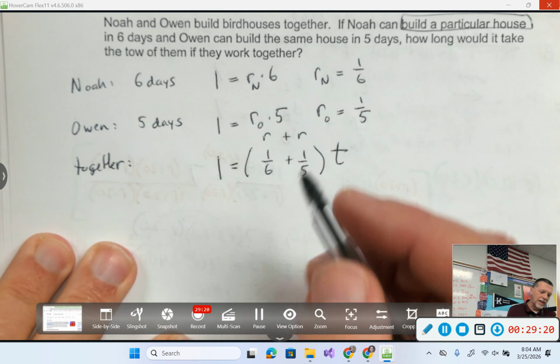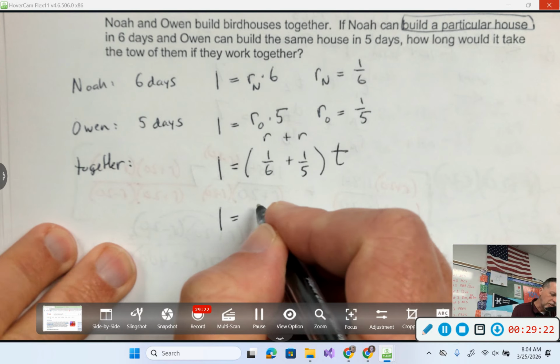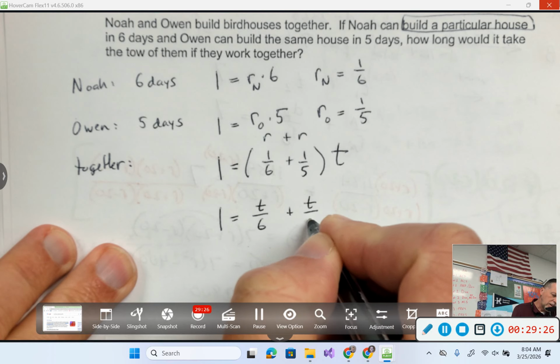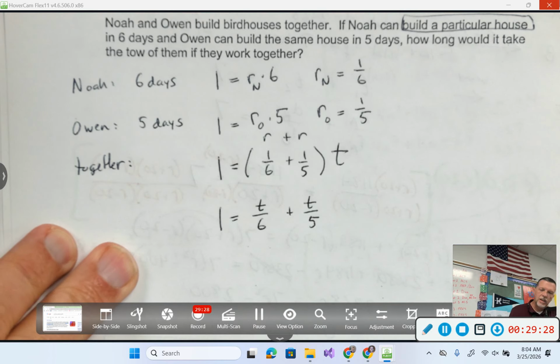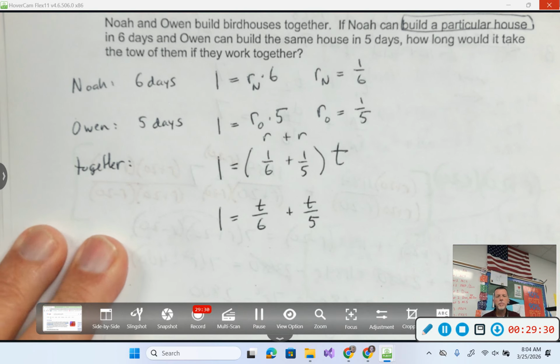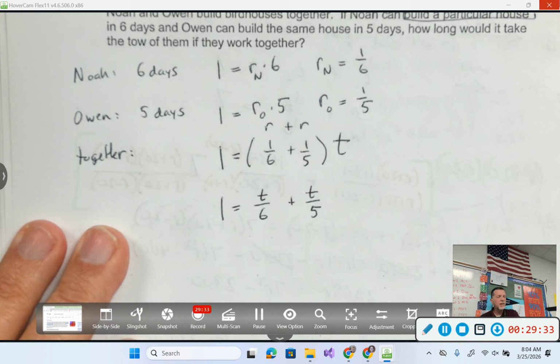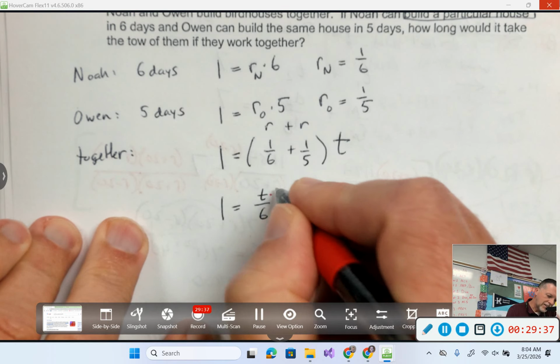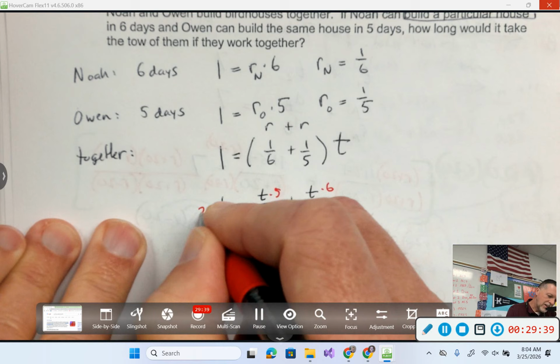Let's do it by hand. That matches what we've been doing, and then I'll show you the calculator way. So distribute the t. What's my common denominator going to be? 30. So that guy needs a 6, that guy needs a 5, that guy needs both.